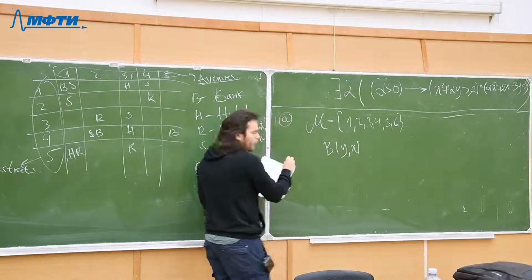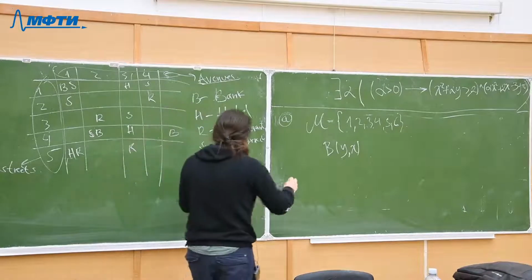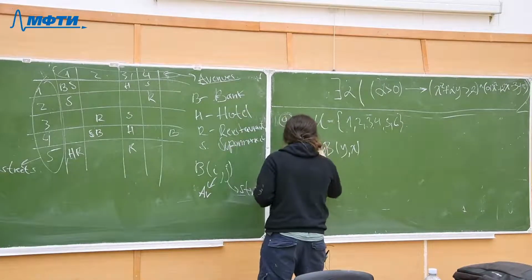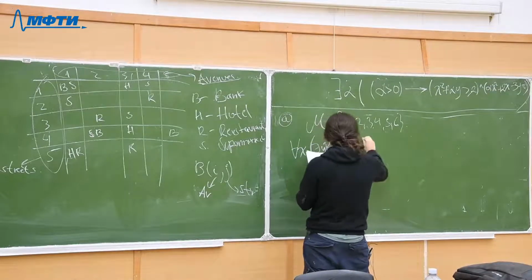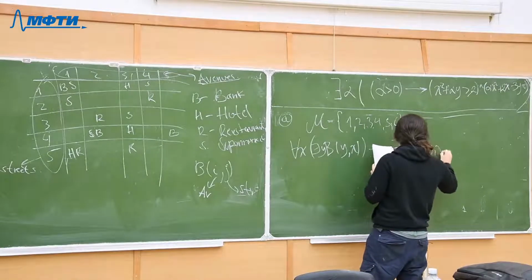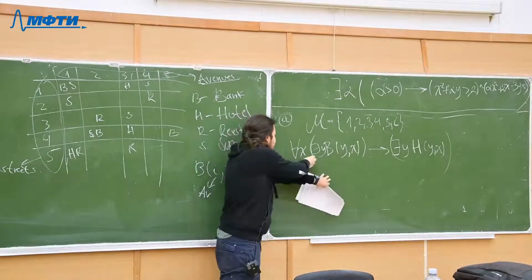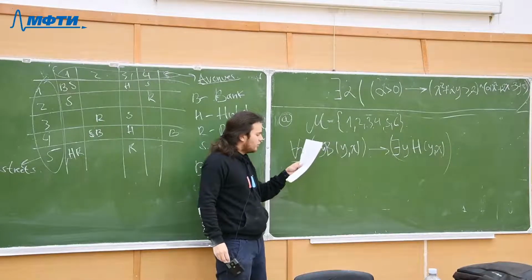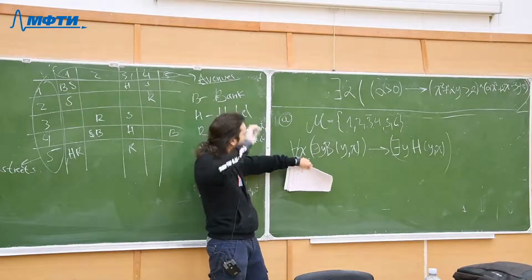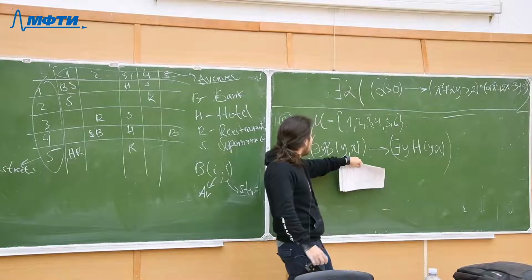So how is it written? There is a hotel on each street where a bank is. So wherever there is a bank, okay, in each street, for all streets where there's a bank, there's a hotel in this street.